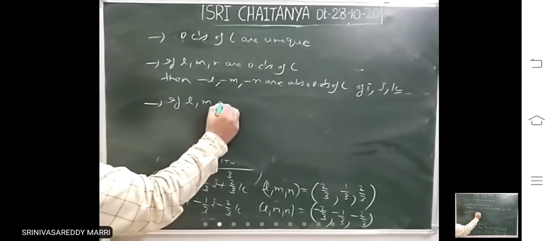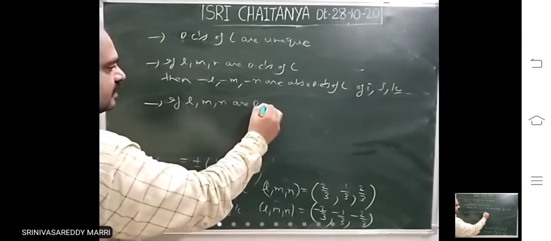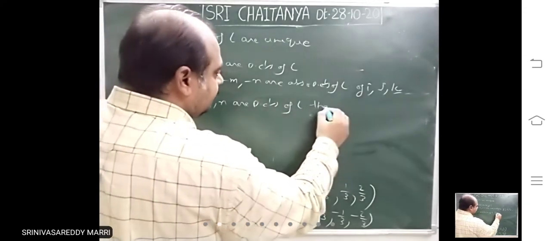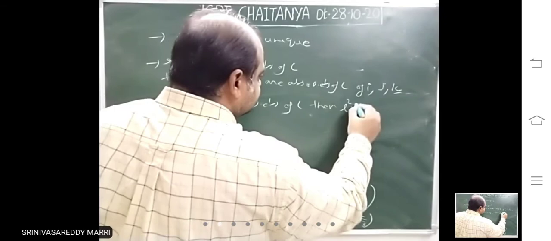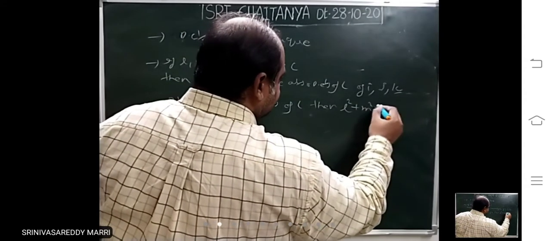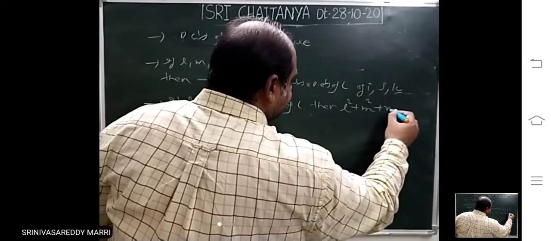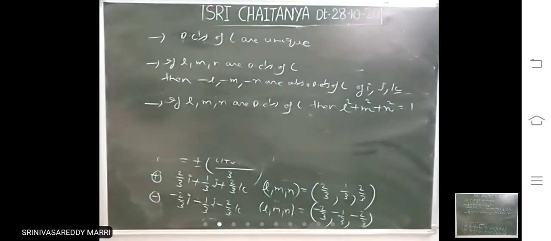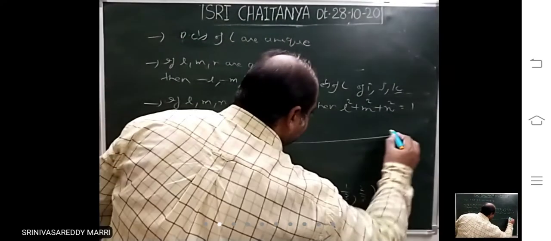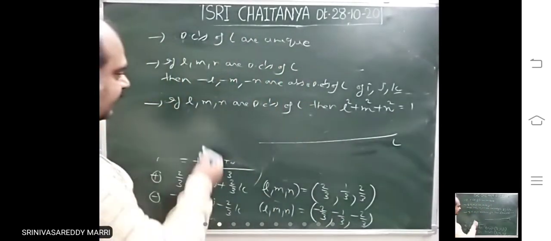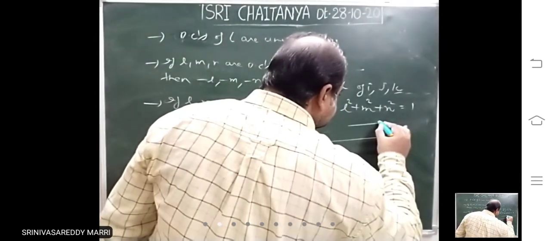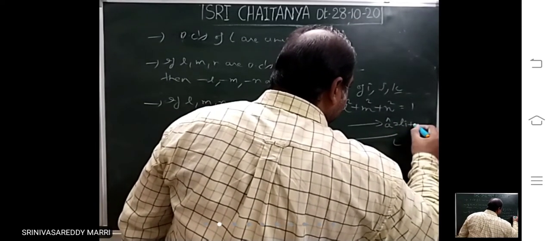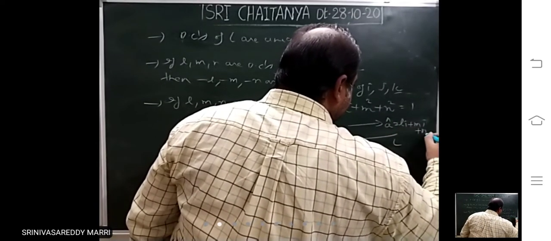If L comma M comma N are DCs of a line, then what is the relation among them? L square plus M square plus N square equal to what? Look, line L is there. DCs are given, which means in this direction a unit vector will be there. Always write unit vector.